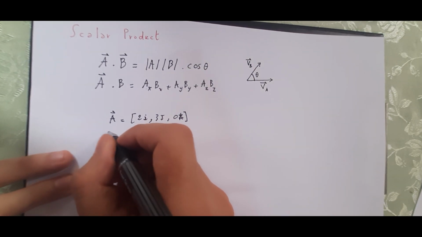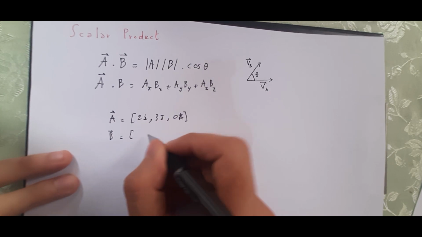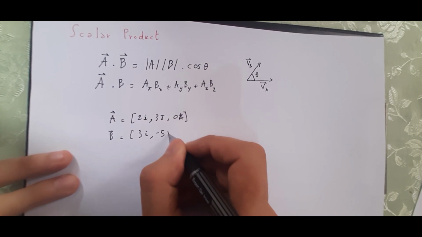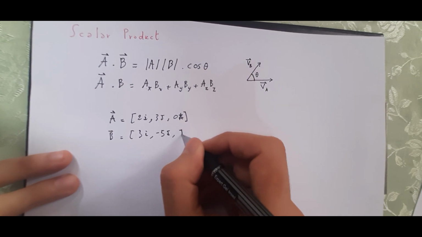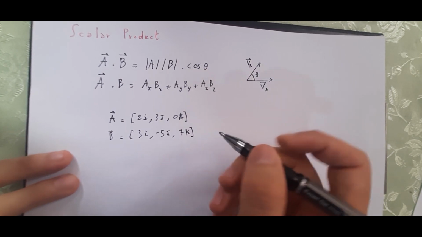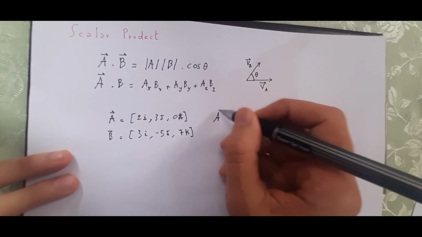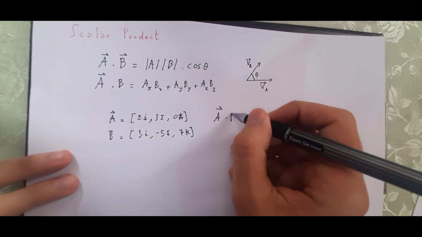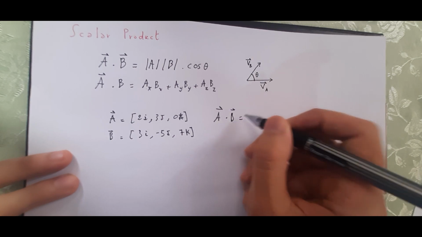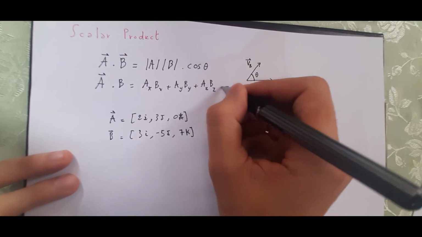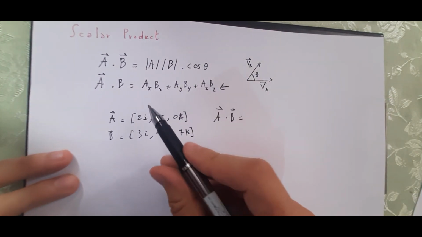And vector B has components of 3i, negative 5j, and 7k. So the dot product of A times B equals, let's use this formula for now, it is simpler.